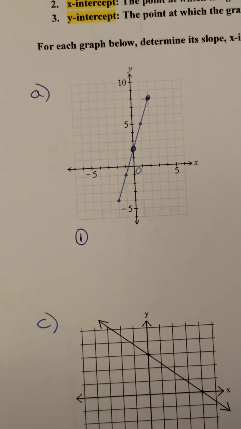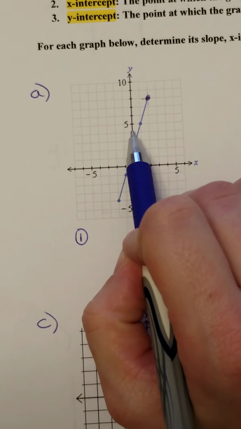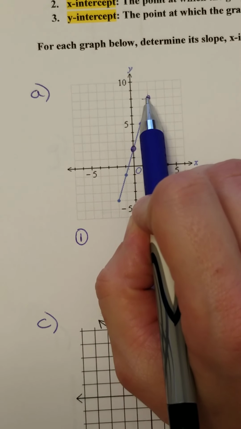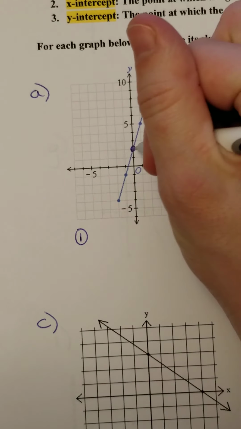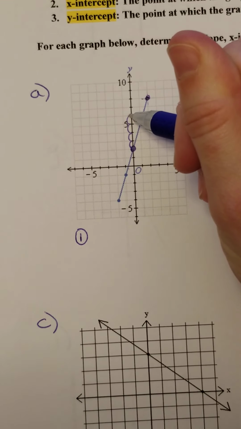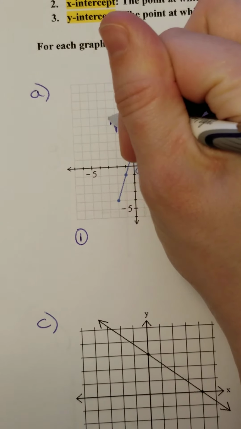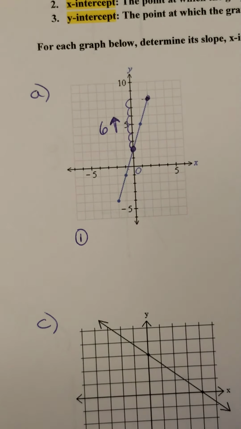So we're going rise over run. So the rise is how much do I have to rise or go up in order to be in line with the second point. So it's like we hop: 1, 2, 3, 4, 5, 6. I had to rise or go up 6 units.